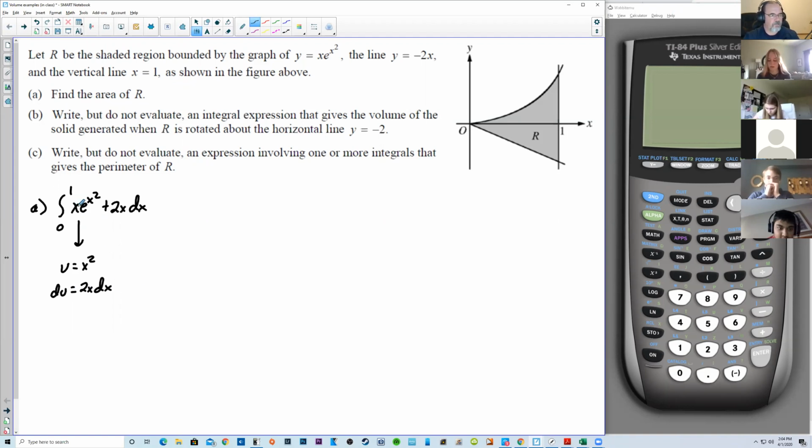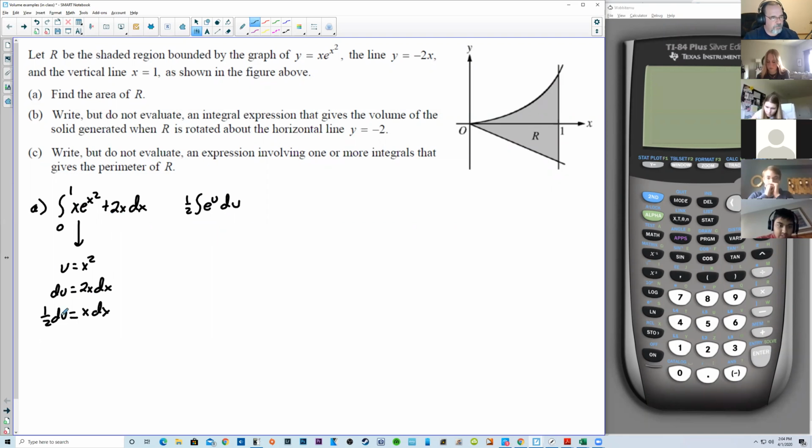But we don't have 2x dx. Remember, we're not looking at this second one yet. We have x dx. So we have 1/2 du is equal to x dx. Well, now this piece becomes the integral of 1/2 e to the u du.